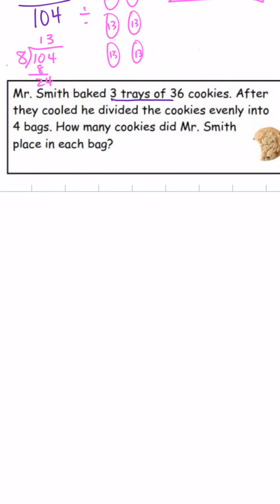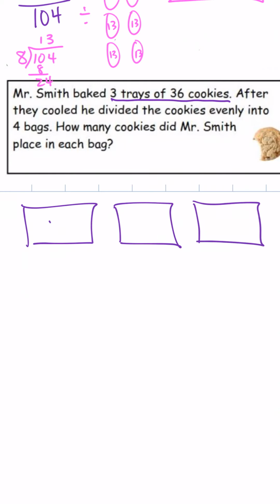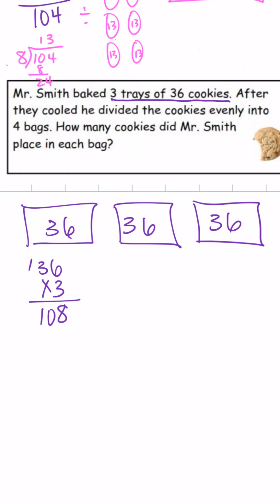So 3 trays of 36, not 36 cookies altogether, but 3 trays of 36. So that's like saying 36 times 3 equals 108. After they cooled, he divided them evenly, right?